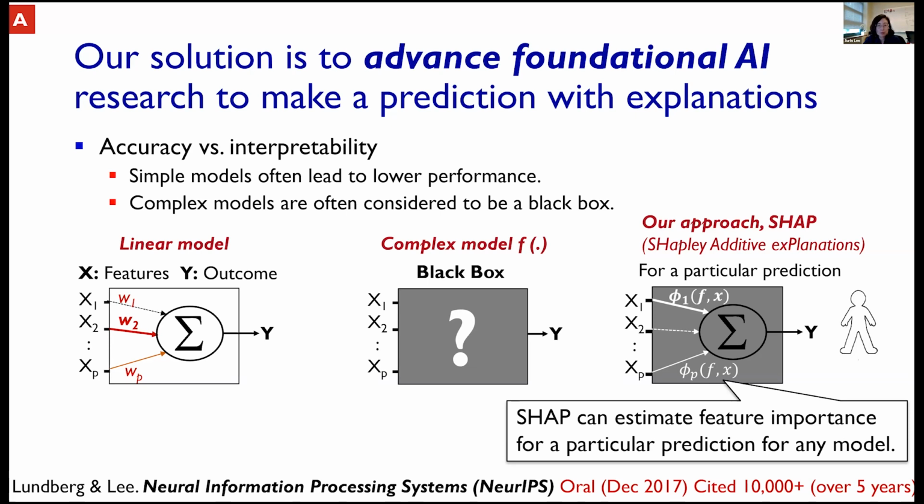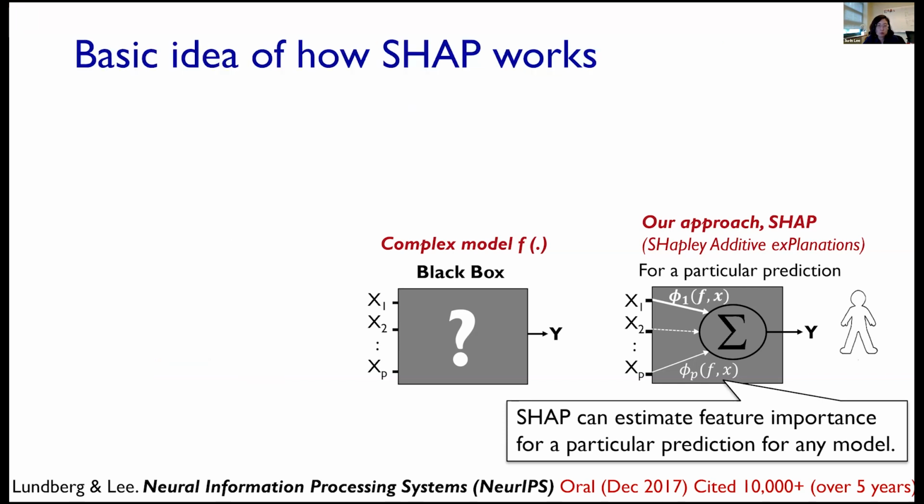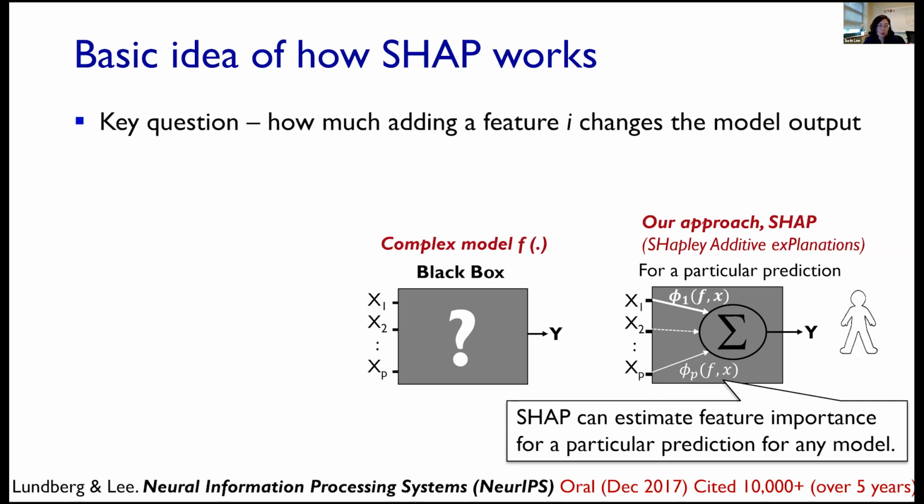So my lab has developed a series of explainable AI methods, the first one being named SHAP, Shapley Additive Explanation. It's a general framework that can be applied to any model, and also has desirable theoretical properties, which other methods in this domain do not. Just to give you a very high-level basic idea of how it works, because that will tell you what the challenges are: the key question is how much adding a certain feature i changes the model output.